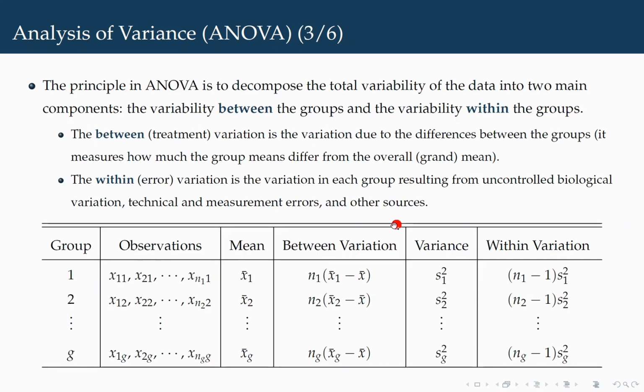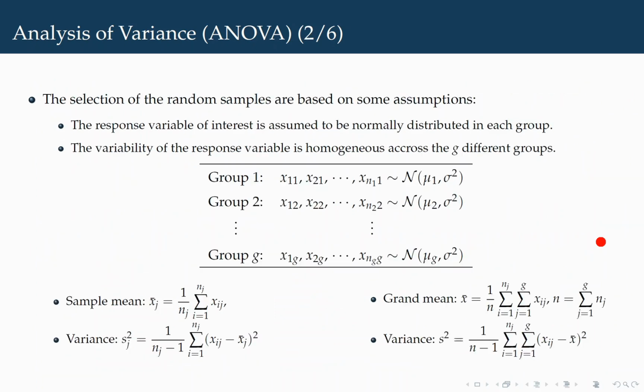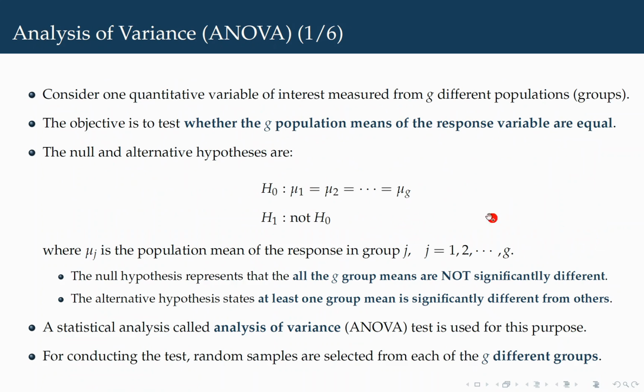On the other hand, if the between variations and the within variations are approximately equal, in that case, the null hypothesis that states all the G group means are not significantly different cannot be rejected.